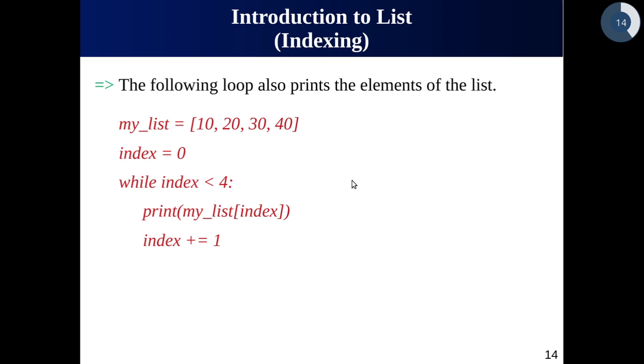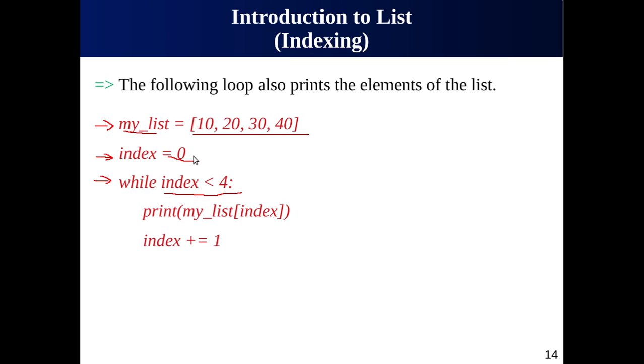You can also access the elements with the help of a loop. Here is another example which is shown here. Same case is here. A list having 4 elements. Then we have a loop variable and the starting value is 0. We are using a while loop.